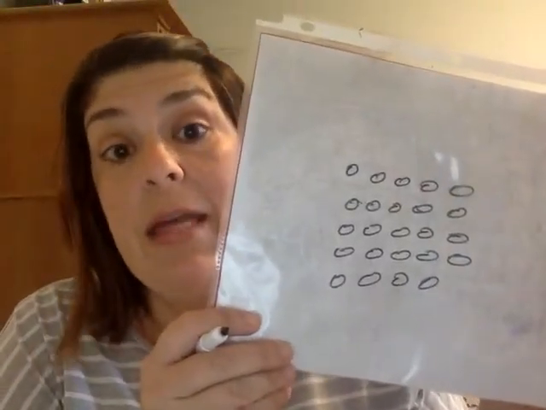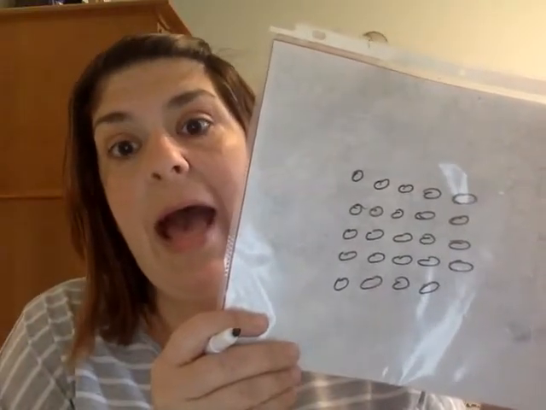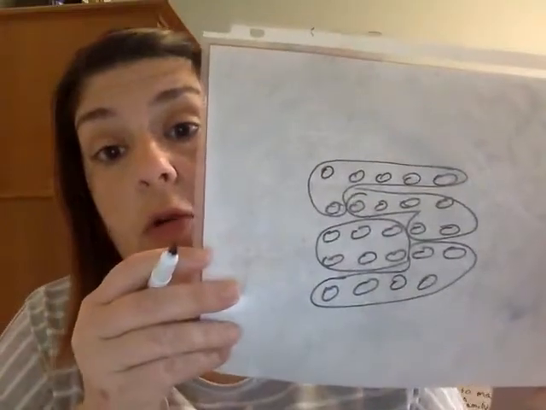Now I'm going to draw 24 circles, and put them into groups of 6 to see how many groups I get. One group, 2 groups, 3 groups, I get 4 groups.